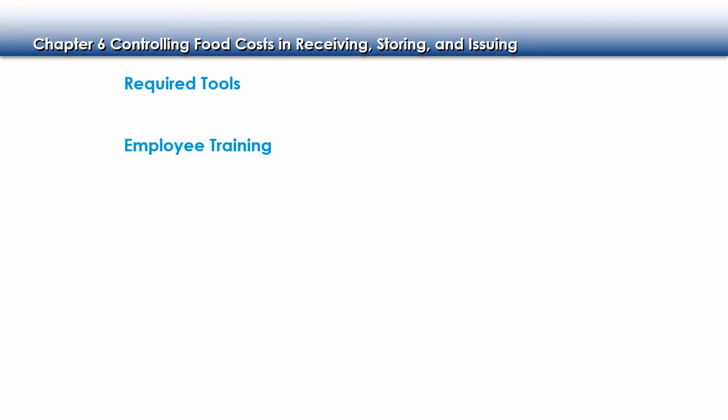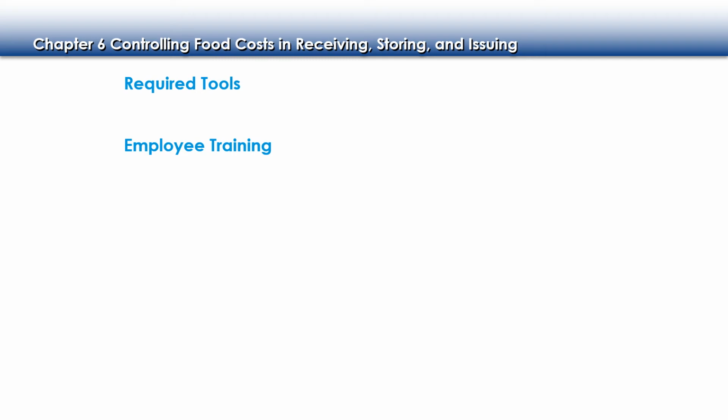So we're going to talk in class about some required tools. Things like weight scales, thermometers, the PO, the purchase order, all those different things are really important for us to have handy so that we can check, are we getting the correct items? Do they meet the specifications that the restaurant needs?